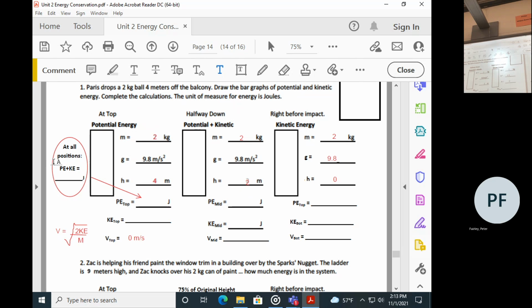Can you do that last velocity problem for yourself then? Take that same approach. The new kinetic energy at the bottom times 2 divided by the mass, which was also 2. And then you take the square root.